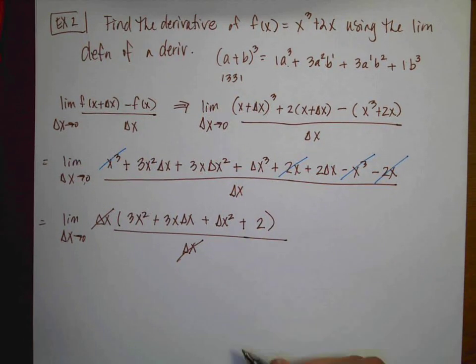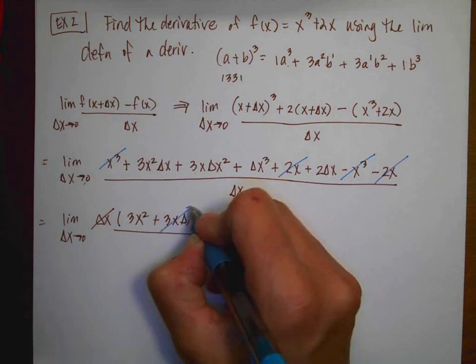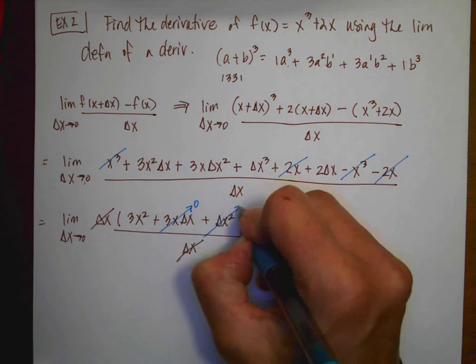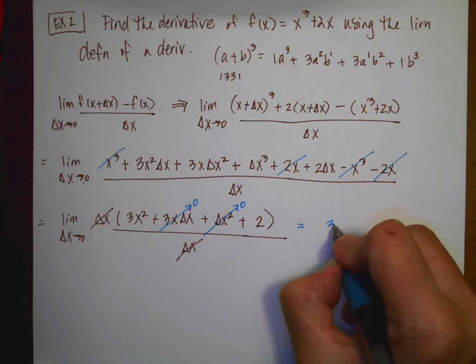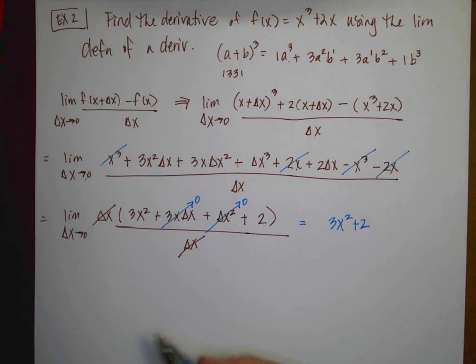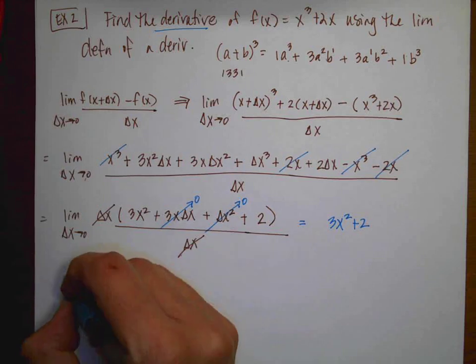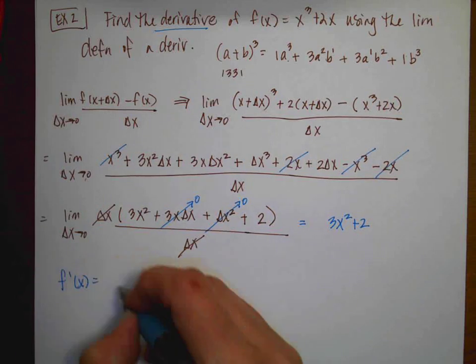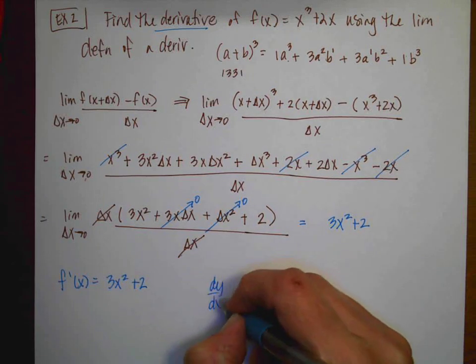Notice that the delta x is now canceled, and so now I can do my direct substitution. As delta x goes to 0, this term goes to 0, and this term goes to 0. And so the limit is going to be 3x squared plus 2. Remember, I have to answer the question that's asked. f prime of x is equal to 3x squared plus 2.